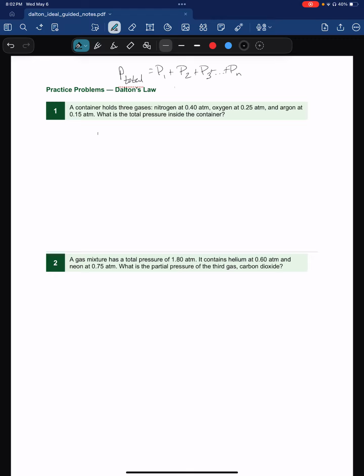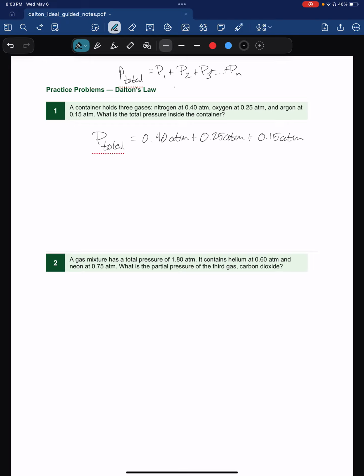All we're going to do is say the total P is equal to P1 plus P2 plus P3, etc. So we've got 0.40 atmospheres plus 0.25 atmospheres plus 0.15 atmospheres. Great.